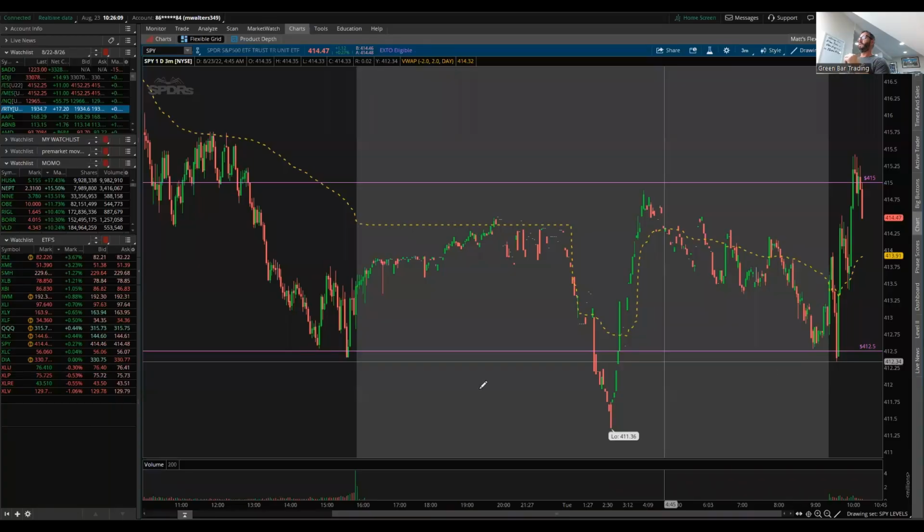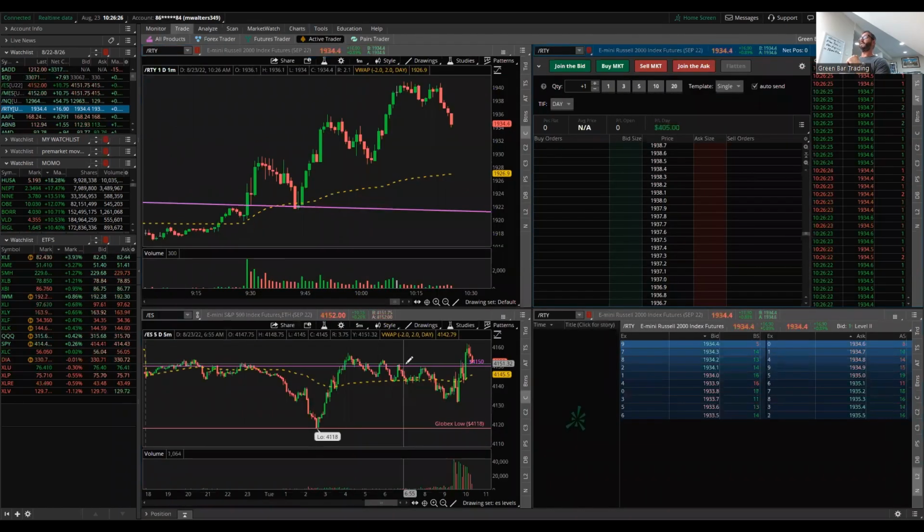So going back to right here, you can see that we're rejecting this previous level. Another key level to have up on the charts. So that 415 level, and it's pulling back pretty hard. So if I'm trading, what I'm looking at here is the Russell.